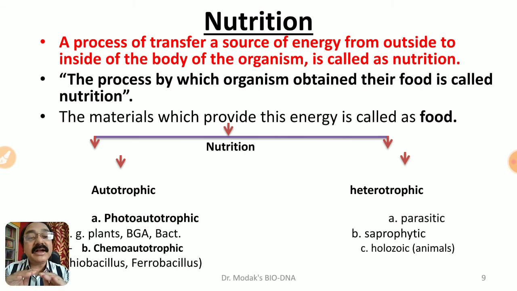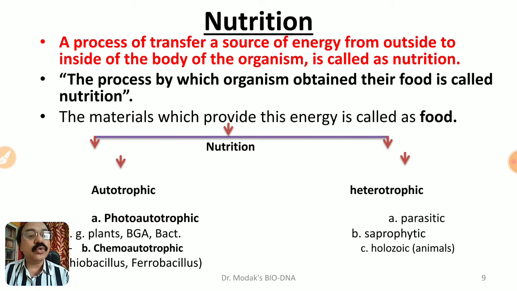They grow on that dead material. They secrete enzymes outside their body. These enzymes simplify that food, and this simplified food is then absorbed by these saprophytic organisms. So these are a very wonderful group of organisms bringing about extracellular digestion, digesting the material outside by secreting extracellular enzymes.